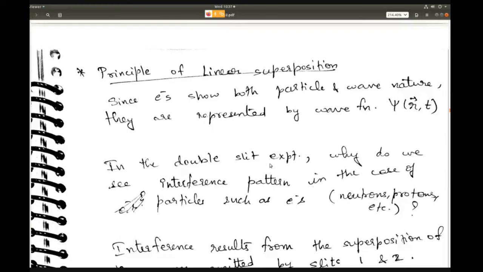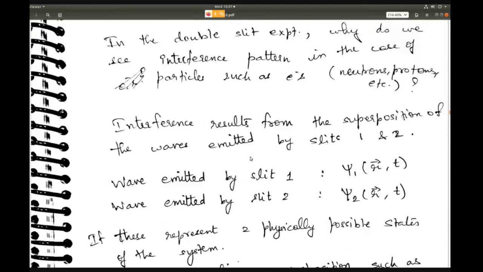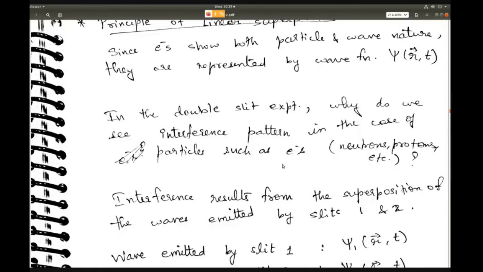So the question is, in the double slit experiment, why do we see an interference pattern in the case of particles such as the electron? Now, interference is something that results from the superposition of two or more waves, however many waves you have.